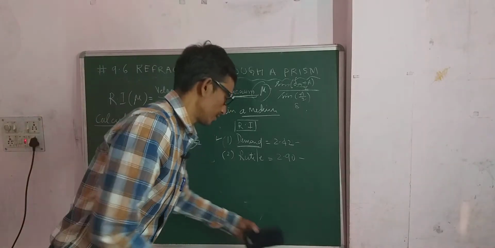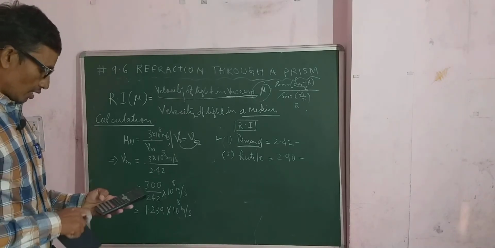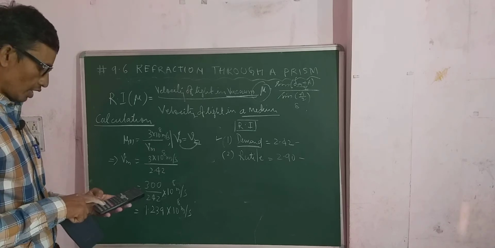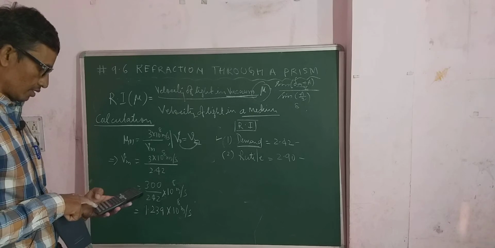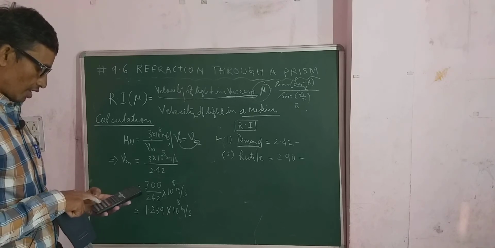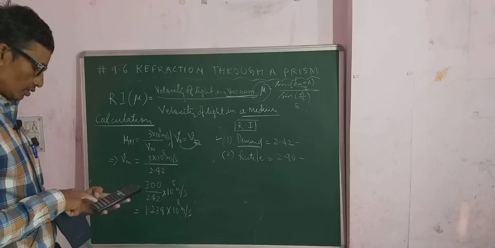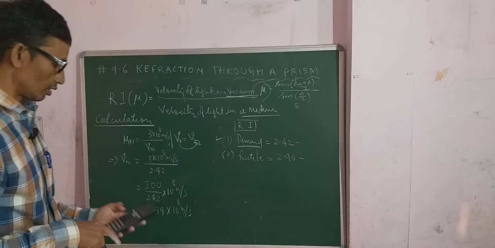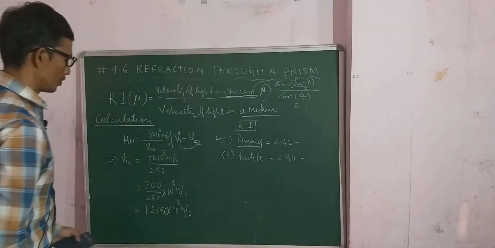Let's check it. This is 300 divided by 242. Okay, this is the right answer.